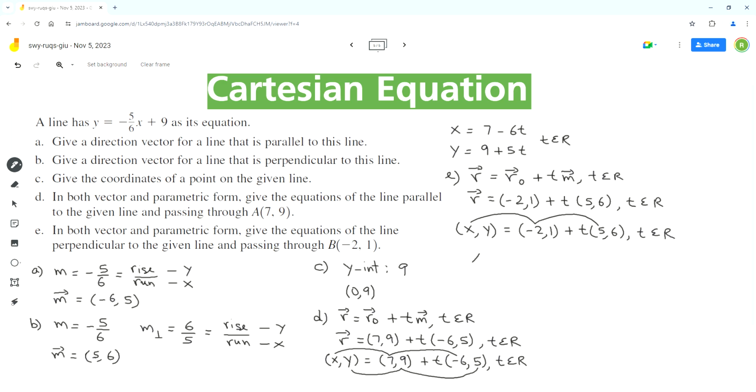So the x equation will be, and the y equation will be. So these are the parametric equations for part E. So these are the steps you have to keep in mind to solve a problem like this one.